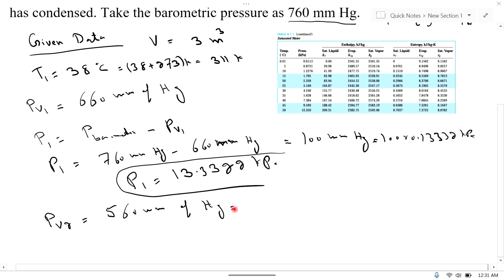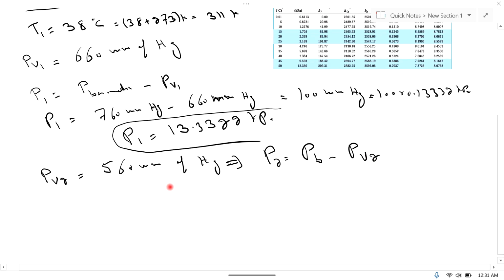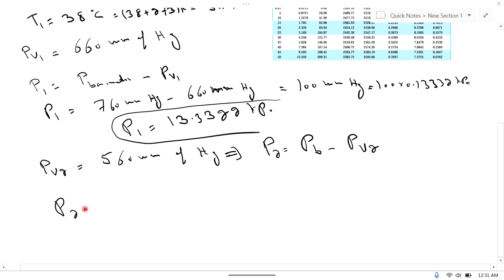This implies that P2 is equal to P barometric minus P vacuum 2. So P2 is equal to 760 millimeter of Hg, the barometric pressure, minus PV2, which is 560 millimeter of Hg, which is equal to 200 millimeter of Hg.